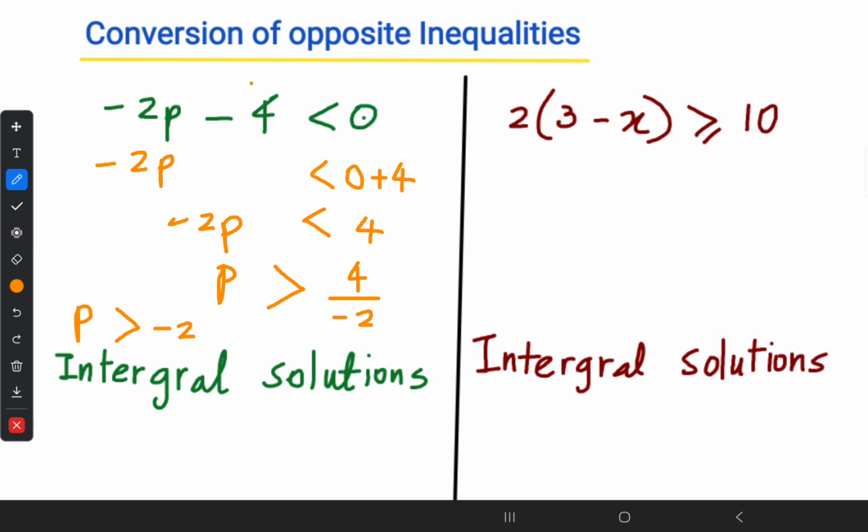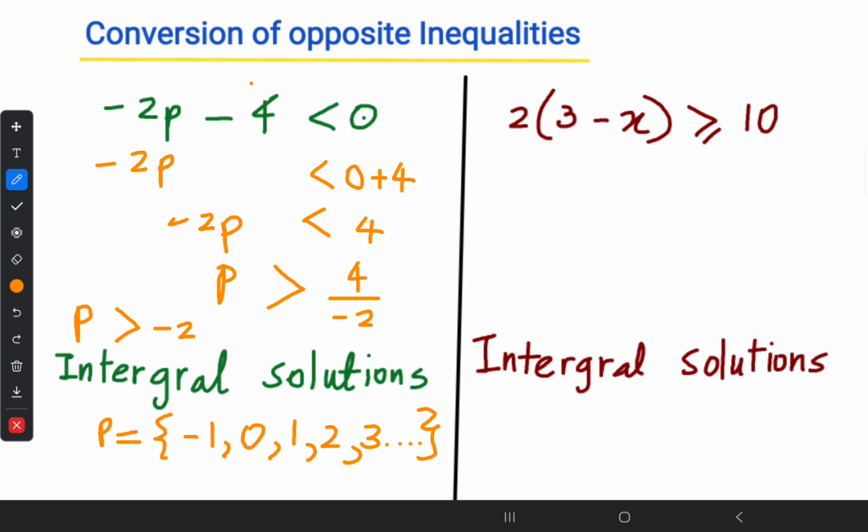That means P can have the values which are greater than -2. That means P can have the values as -1, 0, 1, 2, 3, like these are the suitable integral solutions. That means the whole number solution.